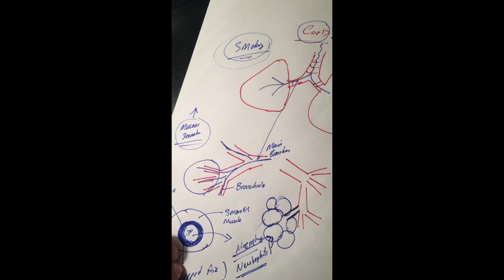Now, because there's this change in shape in the alveoli, the patient is having to breathe harder because they're having to force air in. The thing about COPD is that it is irreversible. In asthma, it was reversible.